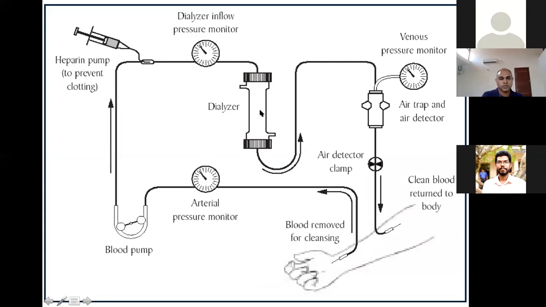I'll explain that to you later. When the blood goes through the dialyzer, it gets cleaned, and all the extra fluid is also removed, and then the clean blood goes through these filters and back to the patient. This is the inflow line.